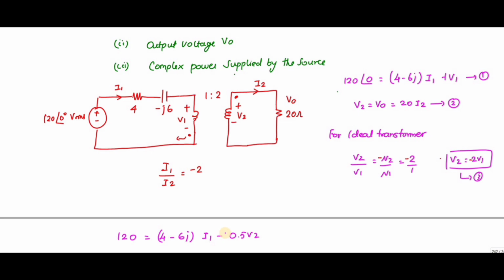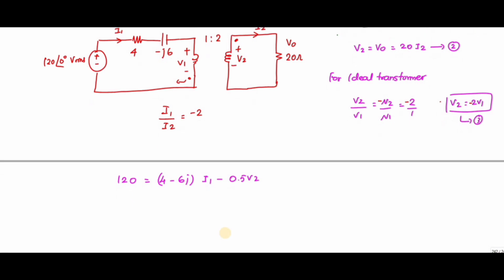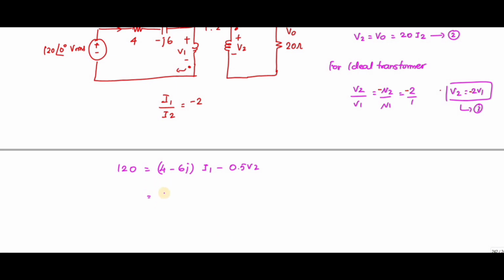Now I'm going to substitute. This is nothing but (4 minus 6j) of minus 2 into I2 minus 0.5 V2, where V2 is 20 I2. So this is equal to 60.